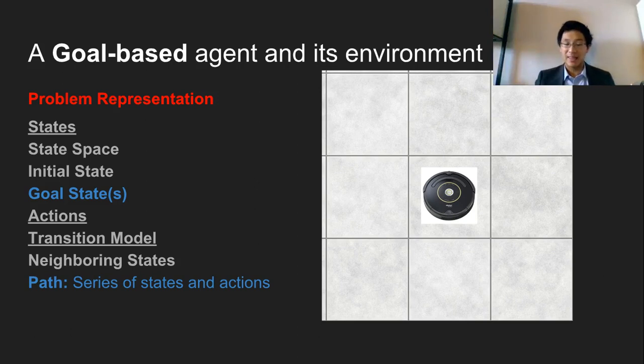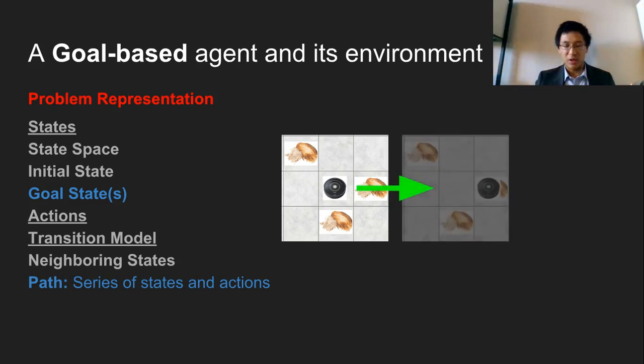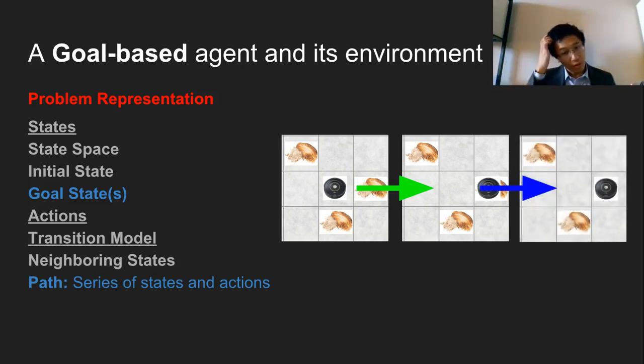So in order to get to that goal state, though, we need to define something else. Define a path as a series of states and actions. So here's an example path. We start here, and we can perform an action moving to the east, and that results in another state. And here's another part of the path. He does a clean action, and that results in the third state.